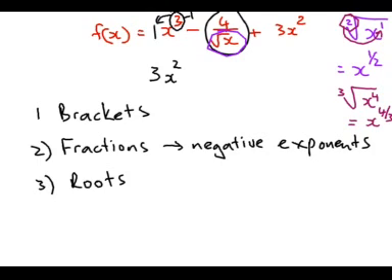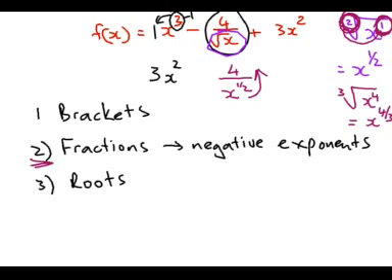Okay, so what we're going to have there is 4 over x to the power of a half. Because it is x to the power of 1 and the square root has a 2 outside. We don't write the 2, but it is there if it's a square root. Okay. And then we need to also take it up because step 2 says no fractions where x is below the line.